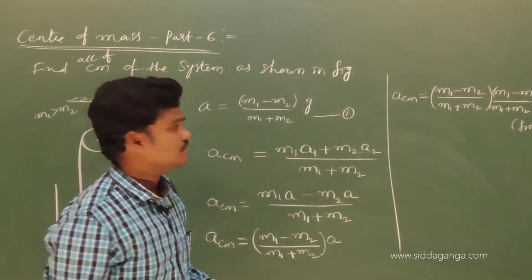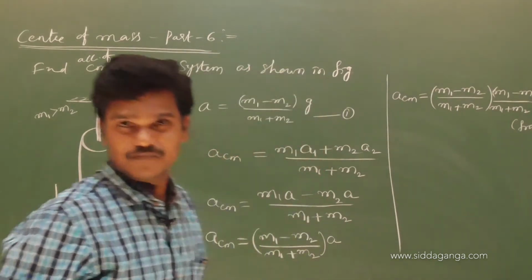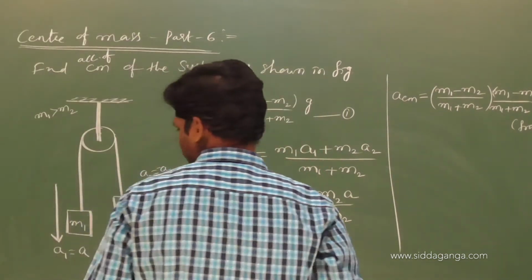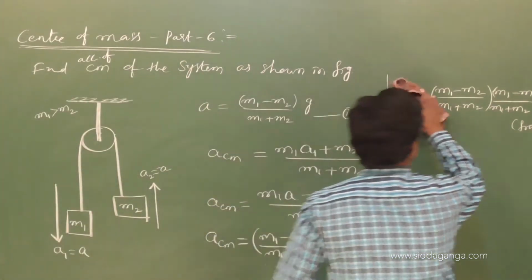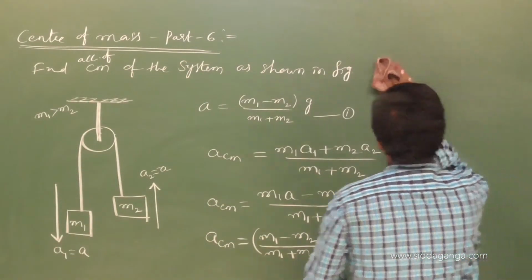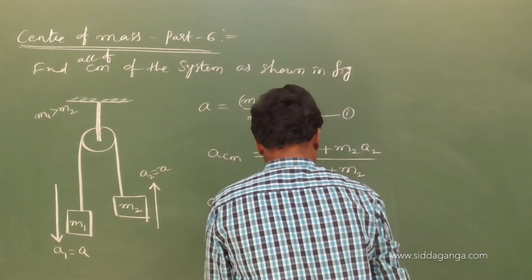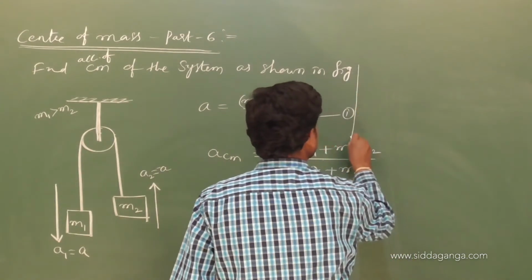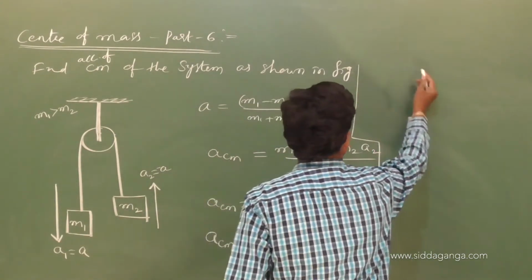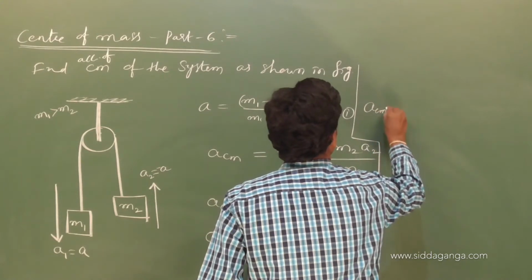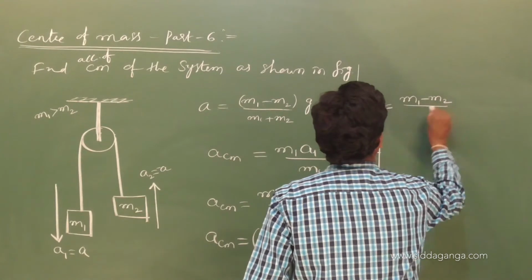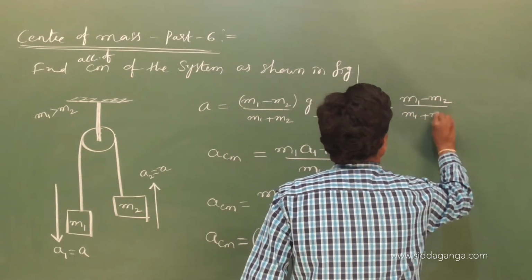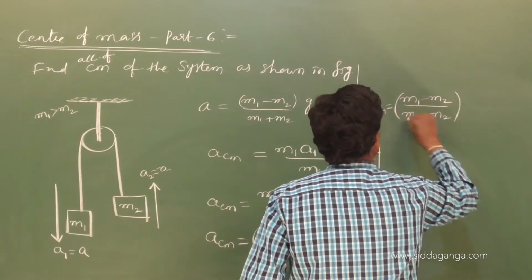Okay. So I think this is not visible. Let me write. So ACM we can write as m1 minus m2 by m1 plus m2 into a.